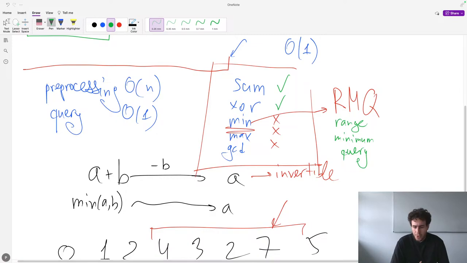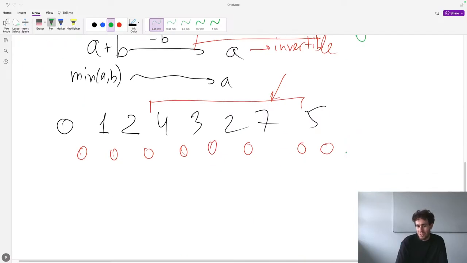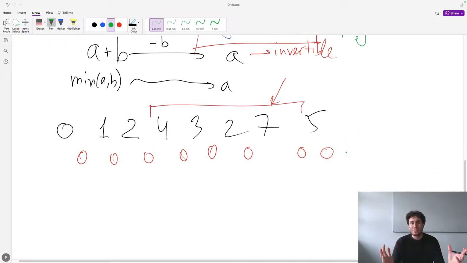So even though prefix sums don't work, there are some more basic ideas that you could use. Like, what is the simplest way to answer queries for minimum on a segment? We can just calculate the answer to each query every time. So I just go through this segment and I look at the elements one by one and I calculate the minimum of them.